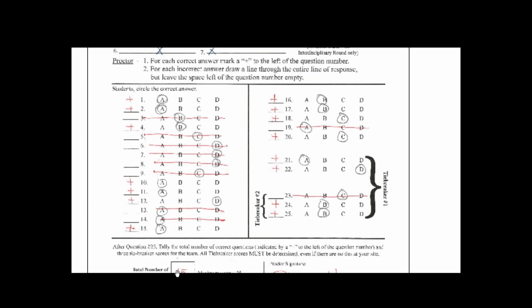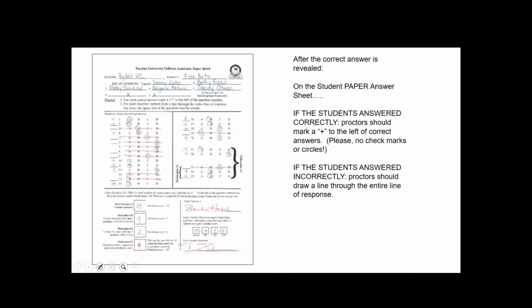It makes it difficult to read and figure out what's happening. If you look at this sheet, because the line is just through the A through D, it leaves that blank. It's much easier to count up your pluses and minuses and do so without making any errors.